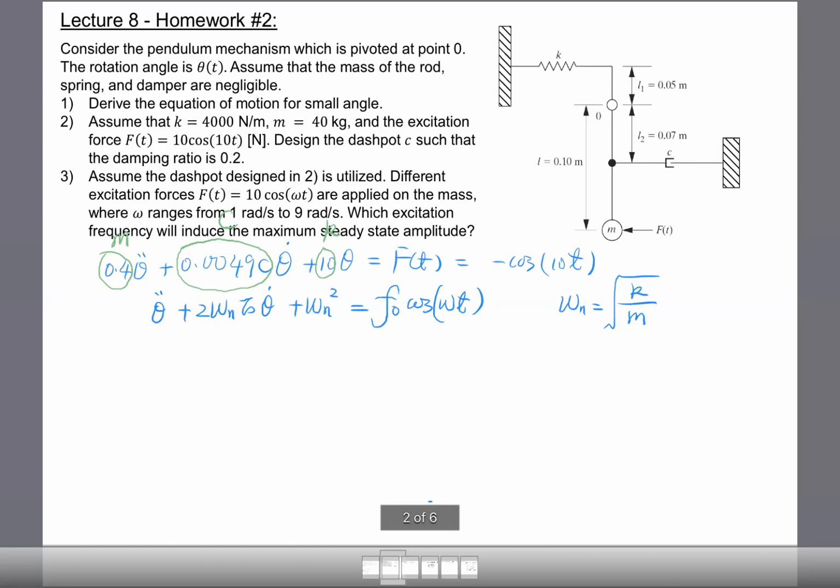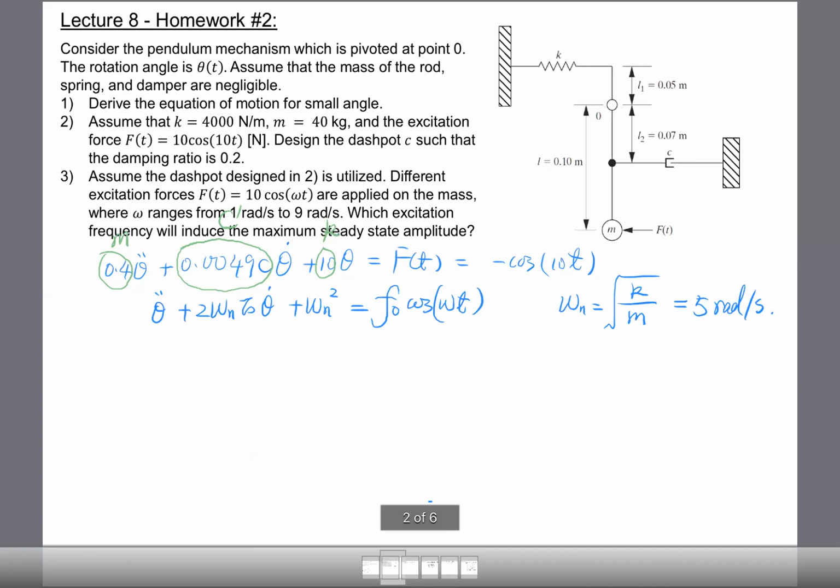So in order to avoid confusion, let's name it c prime here. So omega n is the square root of k over m, which gives you a number, 5 radian per second.